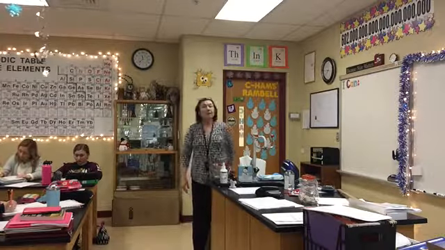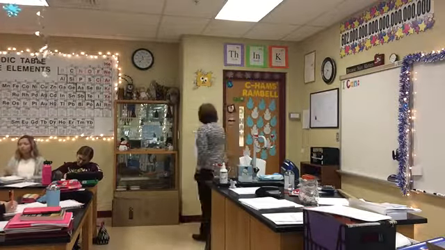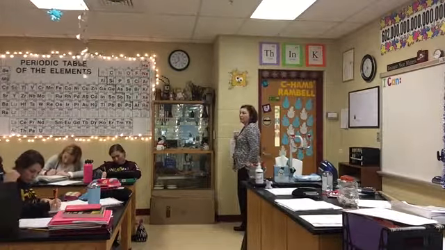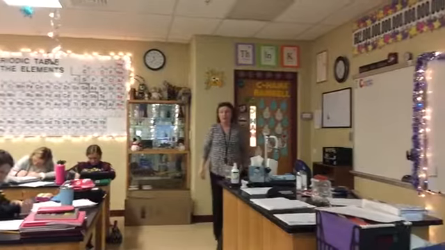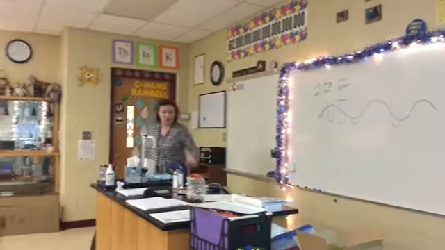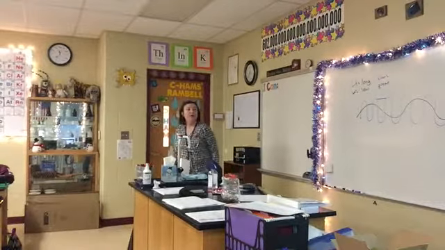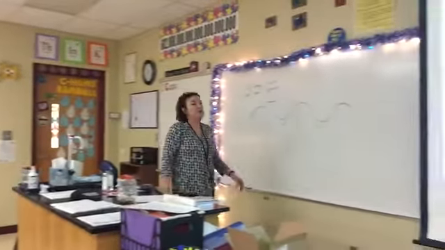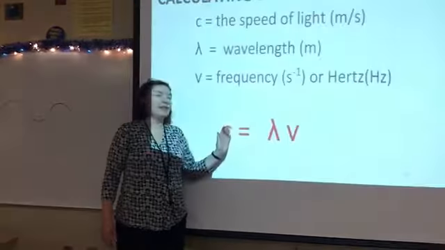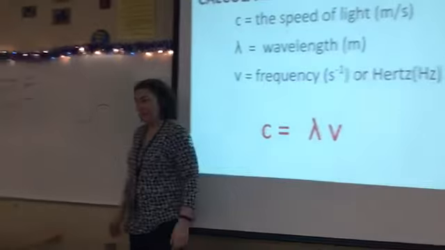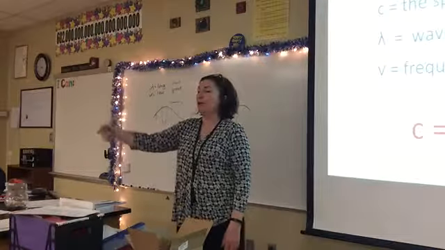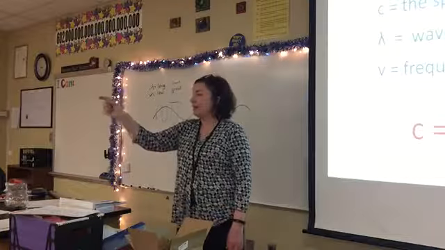Okay. Now we're going to calculate wave speed. And as we go through this, I'm going to explain to you what I want you to do. So if you look over here, here's your three parts. This is my equation for the speed of light. C equals lambda V. That equation is on the back of your periodic table in a little box named light equations.